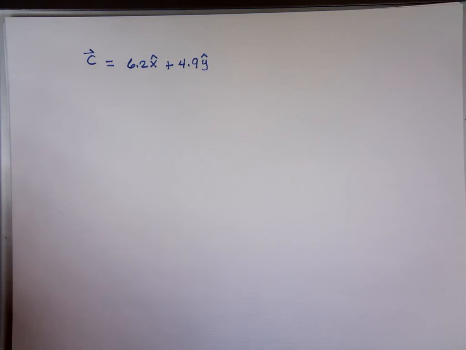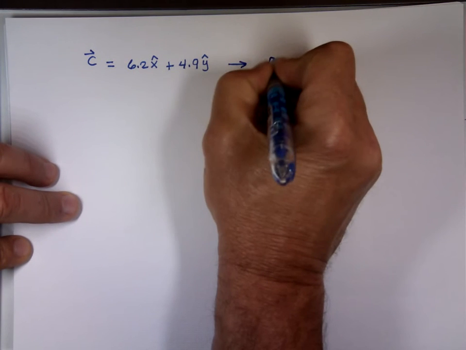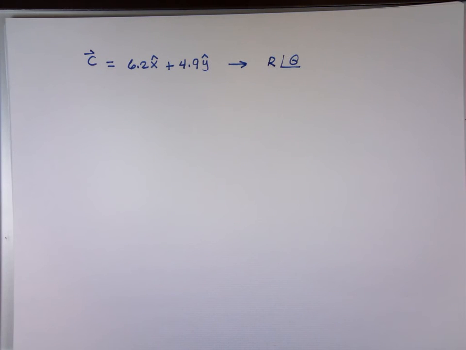Can you tell me the length of that vector and the angle? I want you to change it. Tell me what's the value of it and what's the angle. What is r and what's theta? That's what I'm looking for. You are given the x and y component. You want to find the length of the vector and the angle.